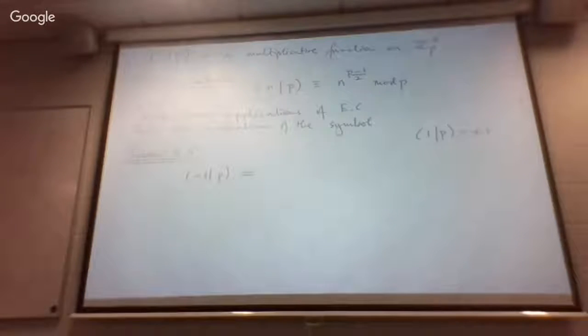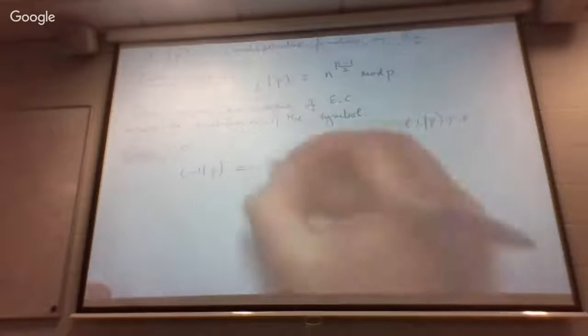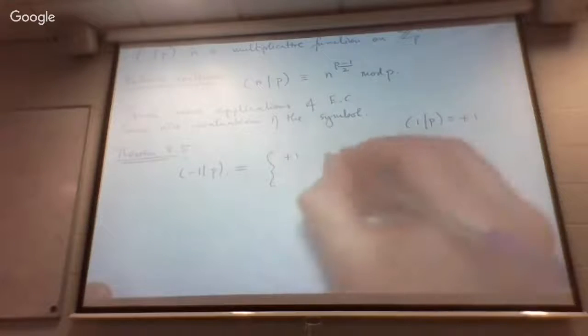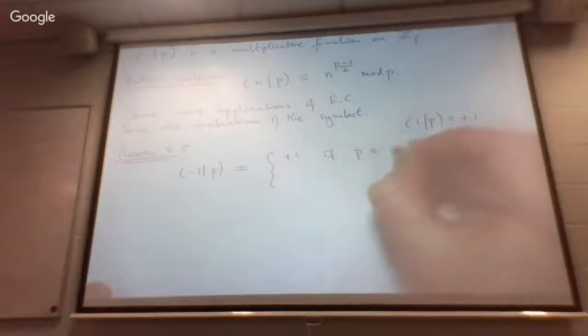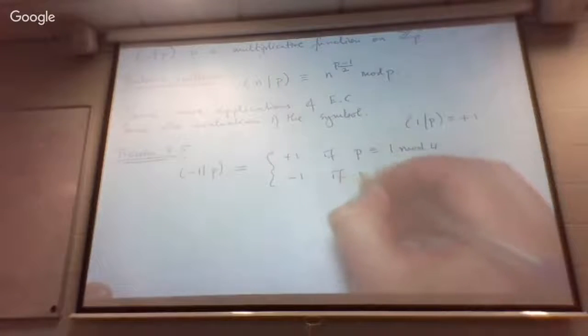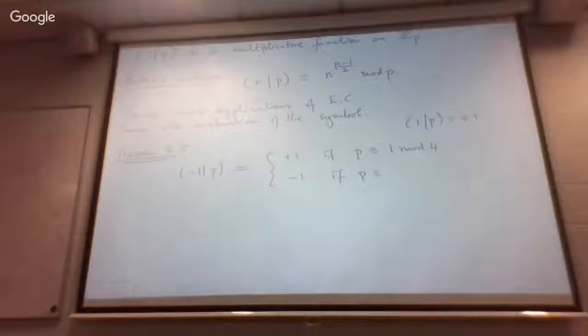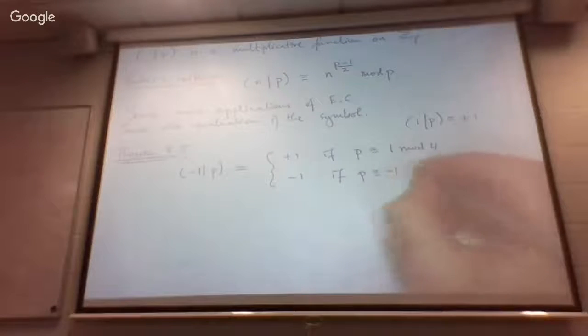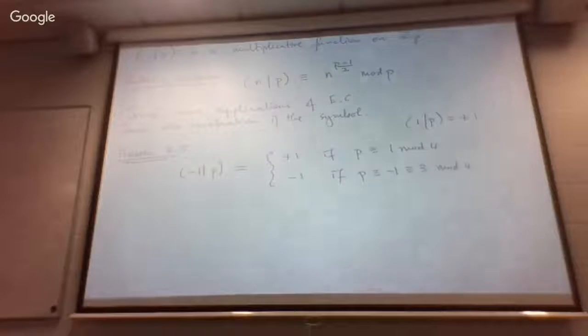So this is what the theorem says. It says it's +1 if p is 1 greater than a multiple of 4, and -1 if p is 1 less than a multiple of 4. That is, +1 if p is +1 mod 4, -1 if p is -1, or 3, mod 4.